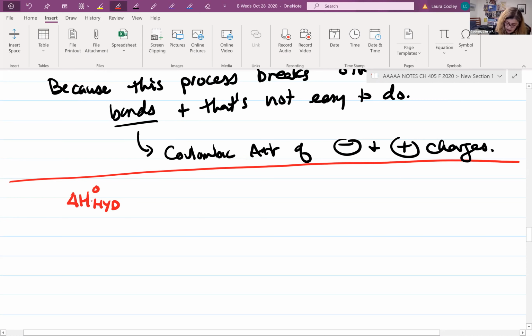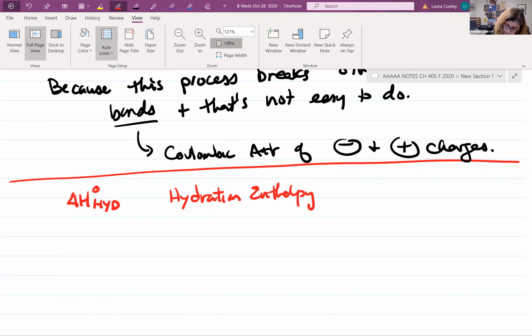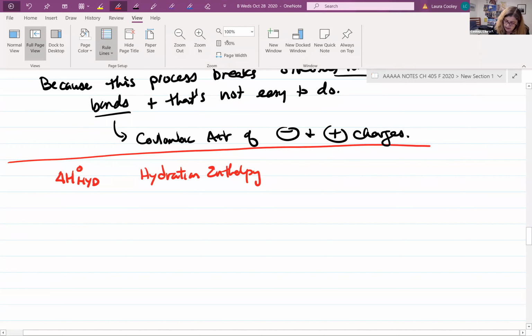We call it the hydration enthalpy. It's not particularly related, but it's easy. It's combined with the lattice enthalpy to make something that's even more familiar. So the hydration enthalpy, delta H hyd. This is the delta H for hydrating gaseous ions.